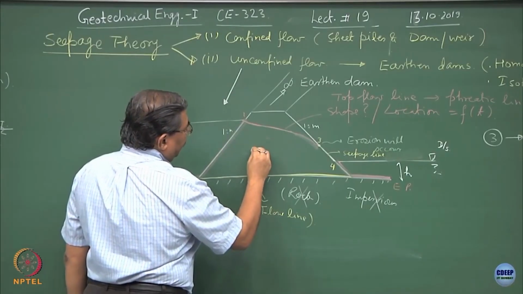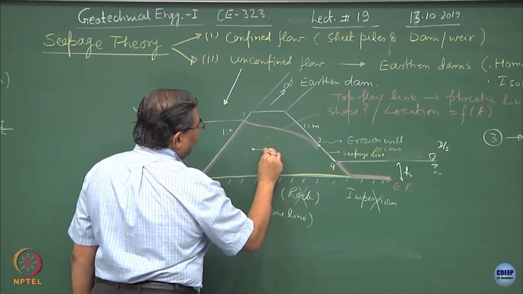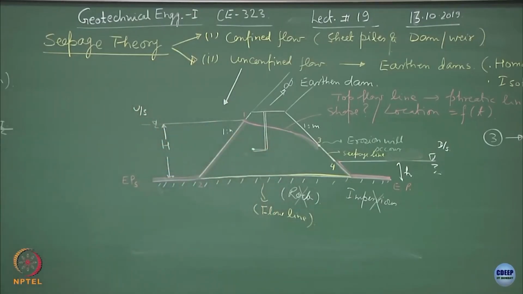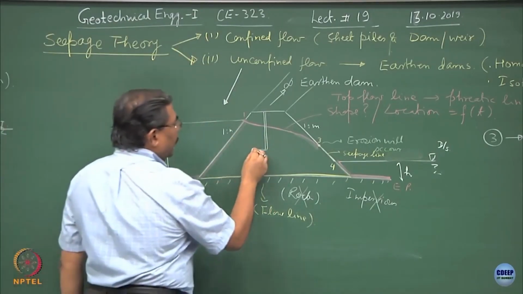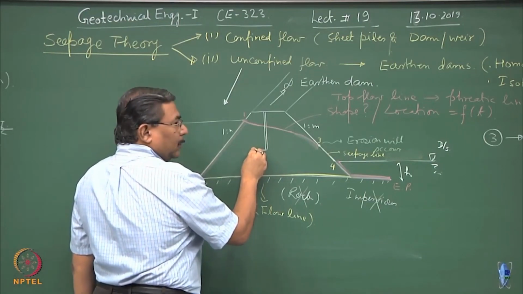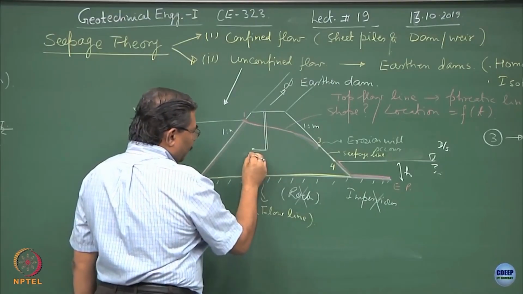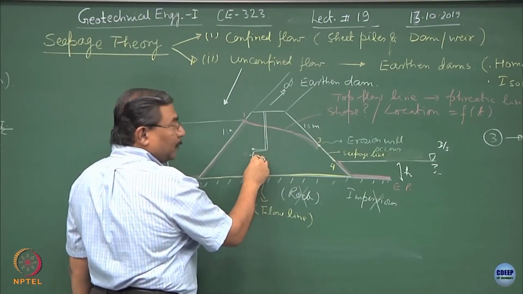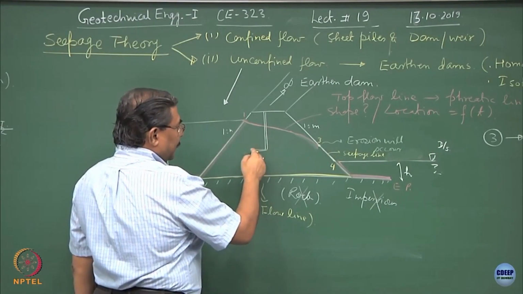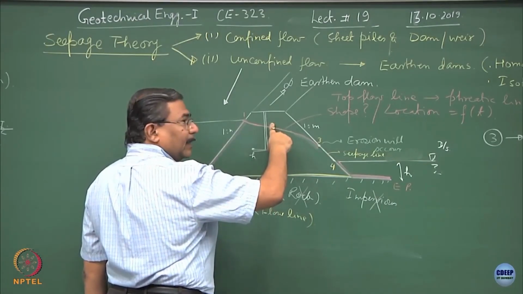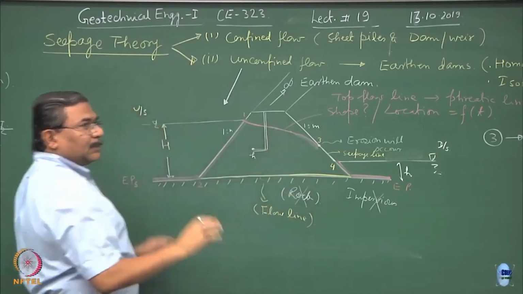If I keep a piezometric tube at this point, alright, and if I know by somehow the flow net of the system, if I know the total head at this point, the total head is going to be equal to the equipotential line which is going through this point and cutting the top phreatic line. So, just consider this for the time being.